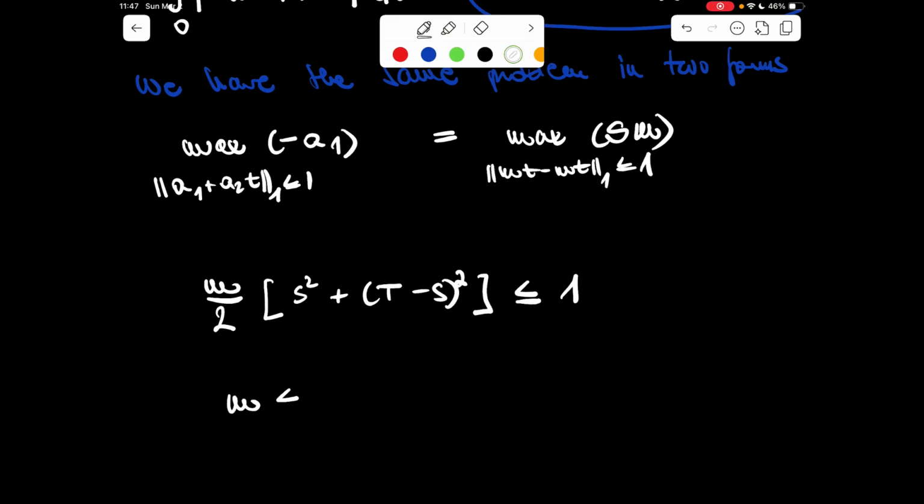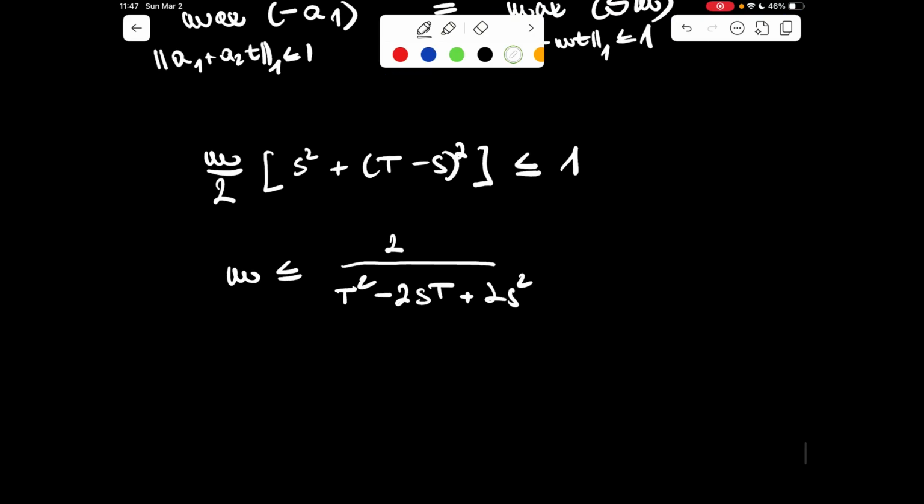So, from this it follows that 2 over t squared minus 2. Yes, it's okay, it's correct. And from this, it also follows that this inequality holds.